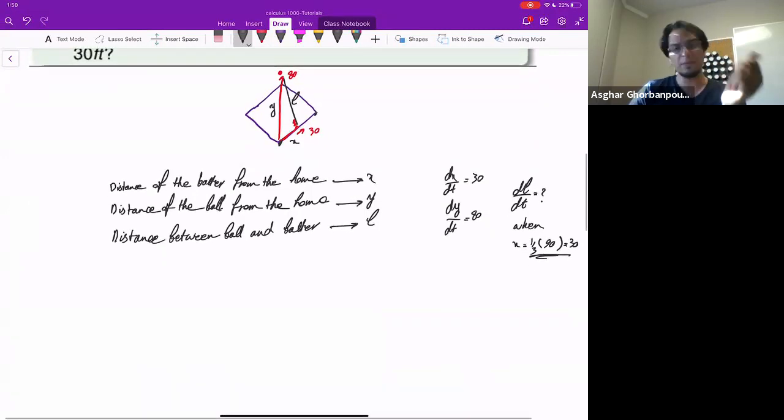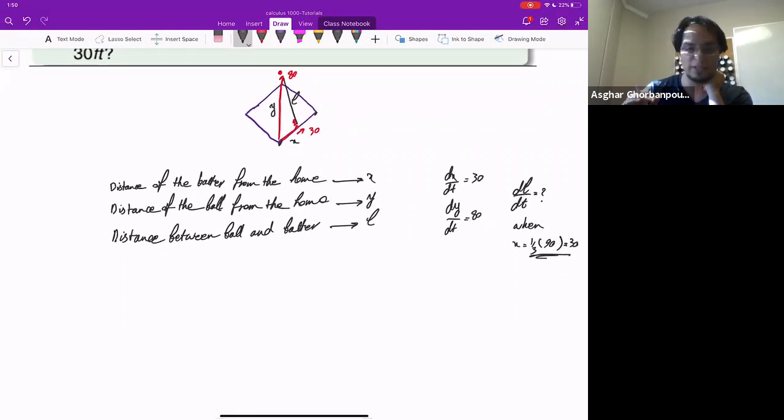Next, what about the relation between these two? Here what you need to first notice is that the triangle we are working with is not a right triangle anymore. To find the relation between x, y, and l, you cannot use the Pythagorean theorem.